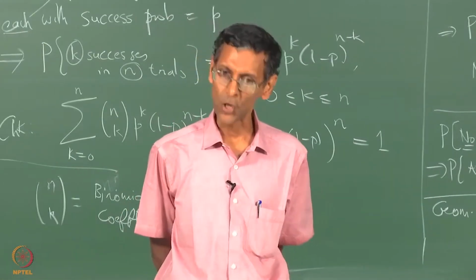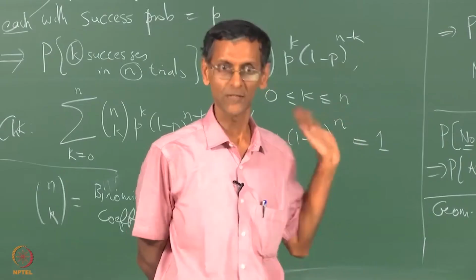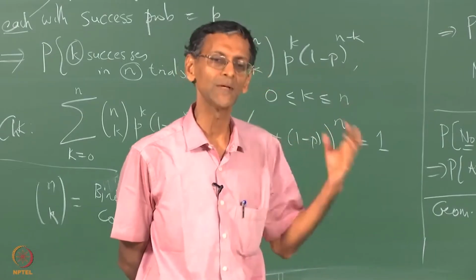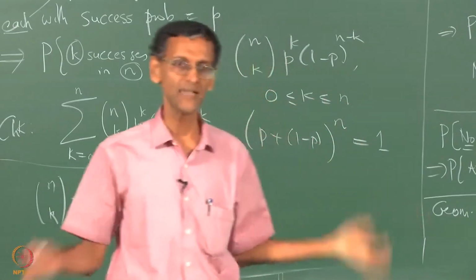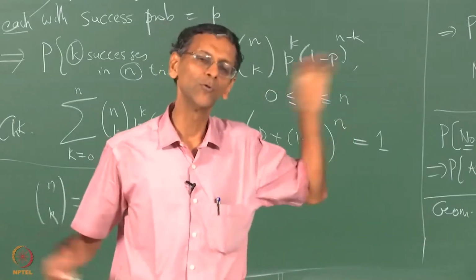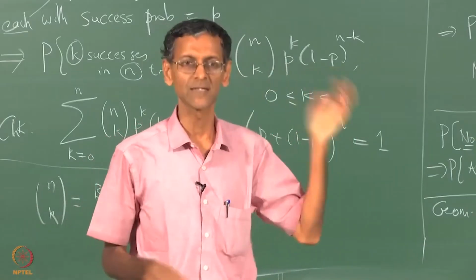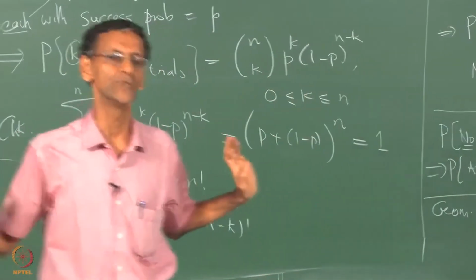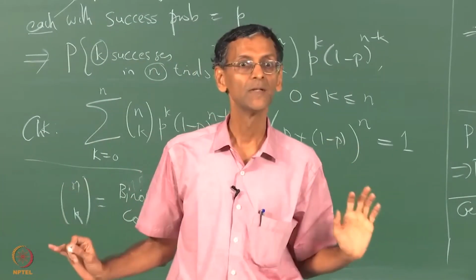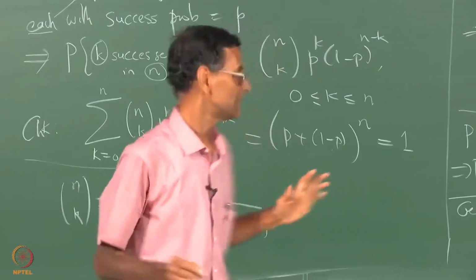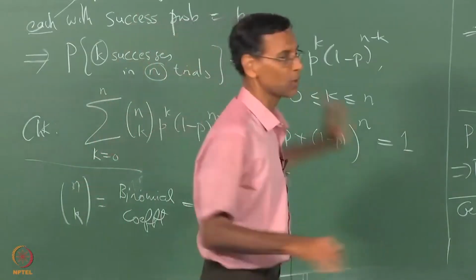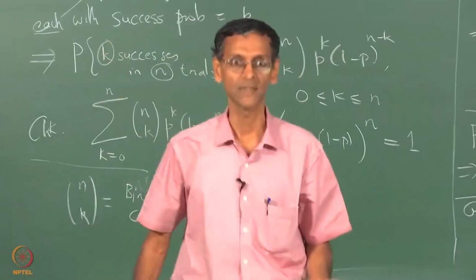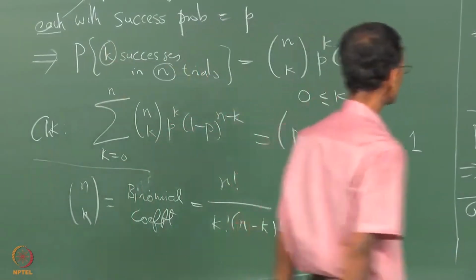Notice that I am not using any language of random variables to describe these, because you must remember that probability by itself is basic, and the jargon we add on top of that is something else. But as of now you can write these things even without using any fancy terms. So do not think that as soon as we talk about the binomial model you have to bring in some other concepts, it is not necessary.